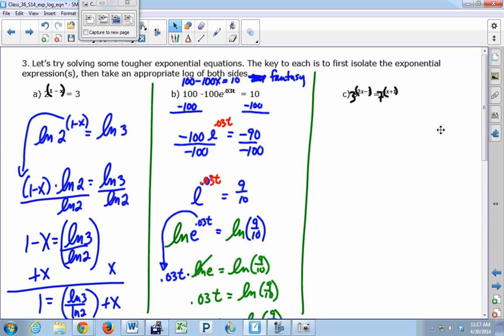So put your heads down for a minute, take a breath, close your eyes, do whatever you need to do to relax. Relax. This last one takes a while. All right. First of all, as I mentioned, you put your exponents in parentheses.